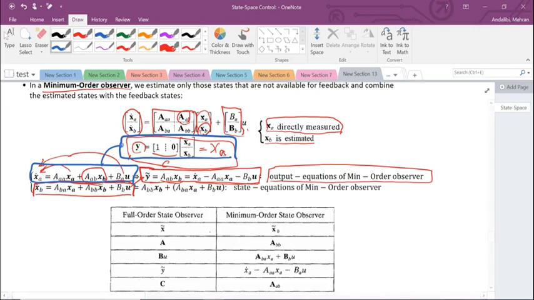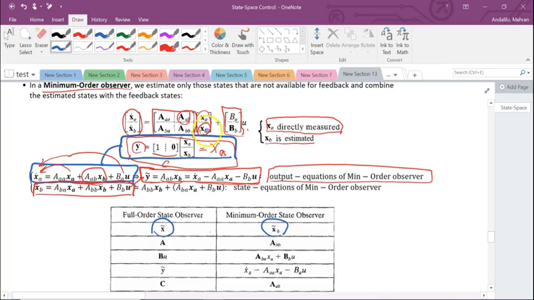So now if you compare a minimum state observer against a full order observer, you see a lot of similarities. What are the similarities? Let me show you. In a full state observer, the estimated state was x tilde, all of them. In this case, we call it xb or xb tilde.